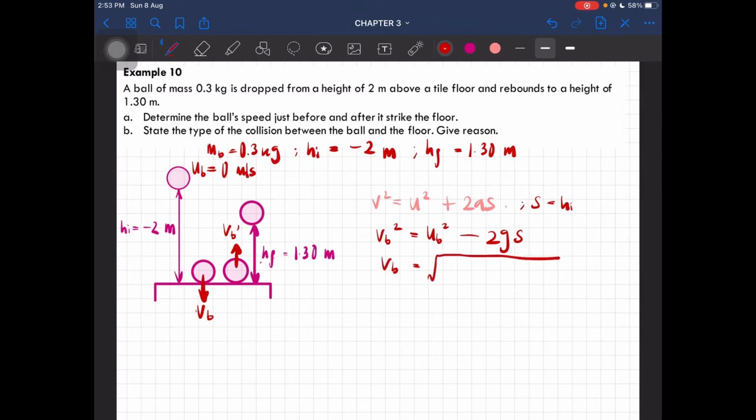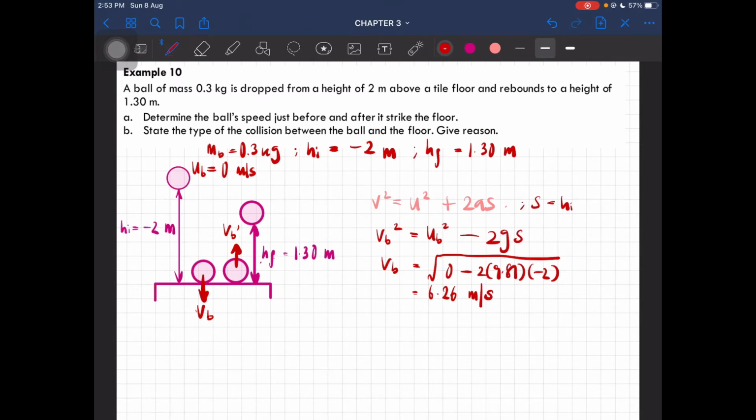So the square root of 0 minus 2 times 9.81 times negative 2. You then get the velocity of the ball before it strikes the floor to be 6.26 meter per second.